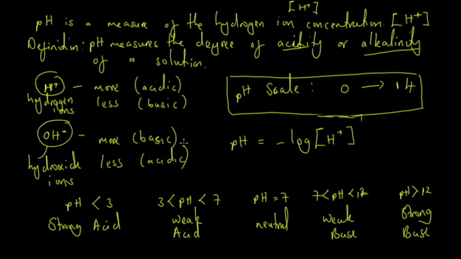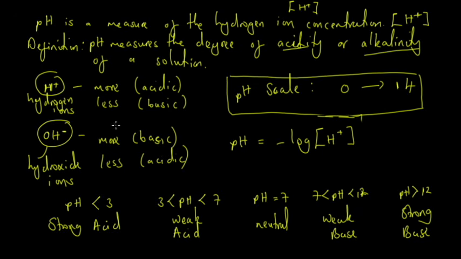We are just taking the hydrogen ion concentration, which makes it hard to know whether a solution is a strong acid, a weak acid, a strong base, or a weak base. So this is the formula which would map all the values of hydrogen ion concentration to a point on this scale from 0 to 14, such that it's very convenient for us.